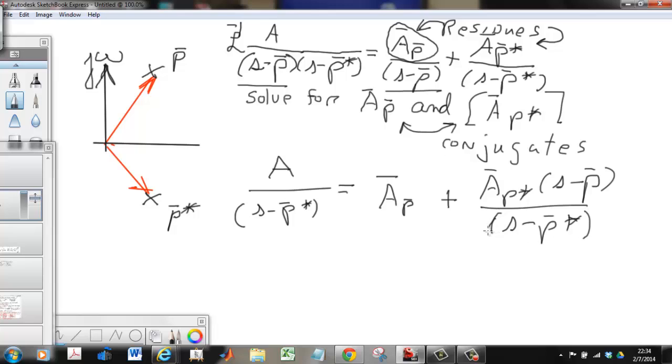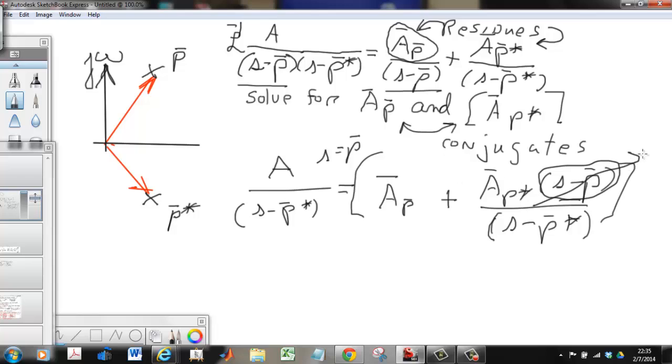Now we know that this equation is going to hold for all values of s. So pick s to be equal to p. If you pick s equal to p, then all terms on the right-hand side will be thrown out.